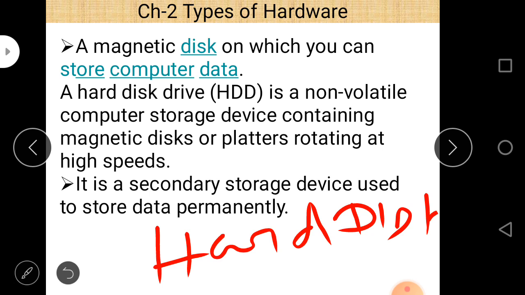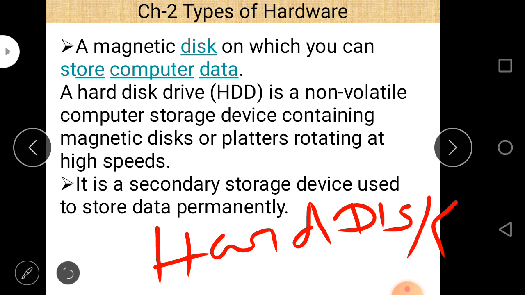So these are points related to hard disk. Basically it's a type of magnetic disk. Second important thing, it is a non-volatile computer storage.